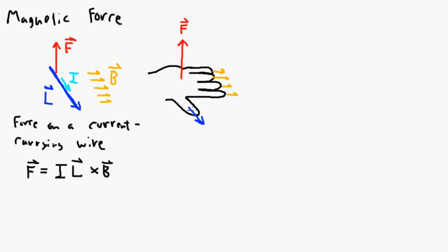So this is for a positive current going this way. If the current is positive, so it's greater than 0, and you have a magnetic field like this, then you can use the right hand rule to find the direction of the force. Very easy.